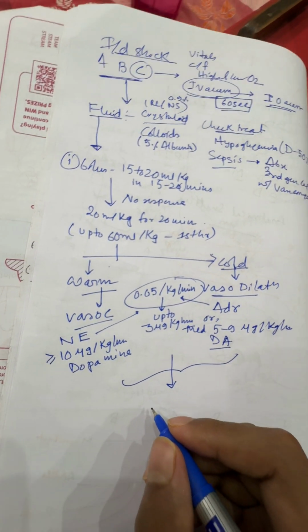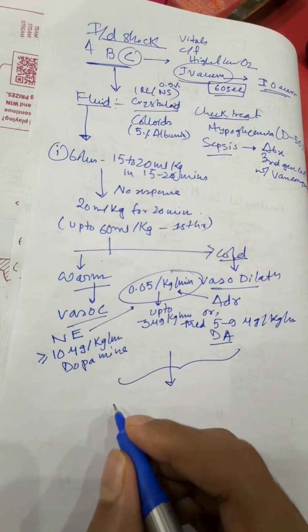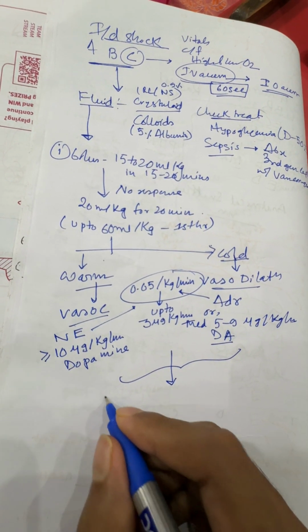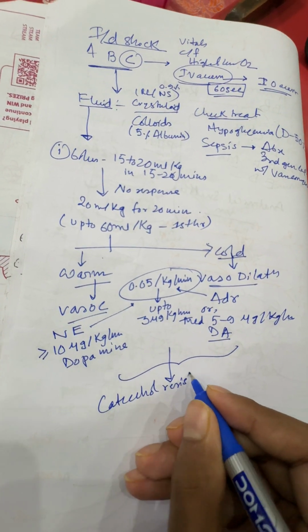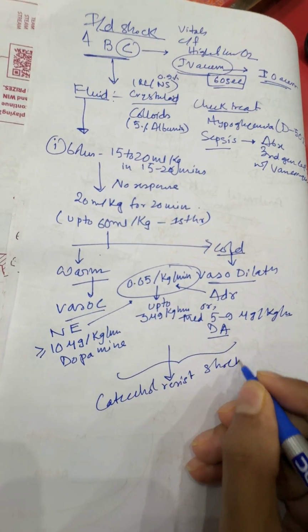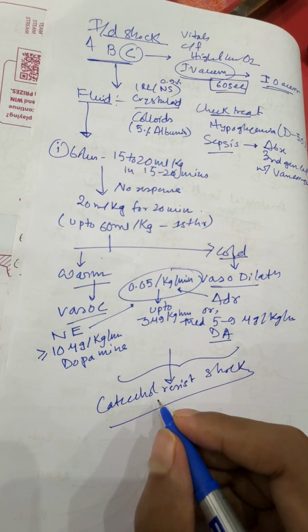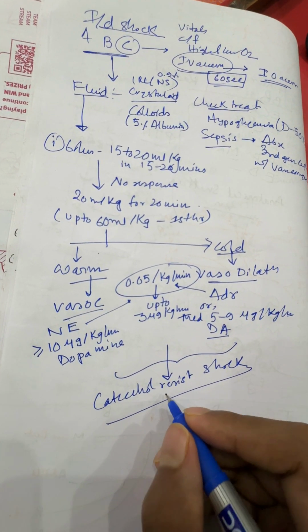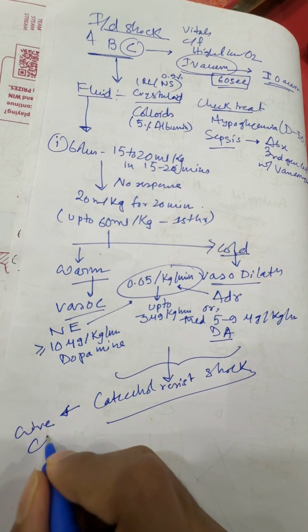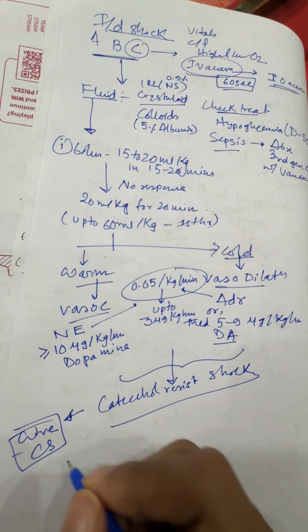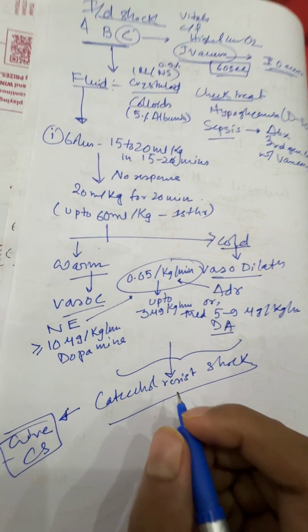After this, we can classify it as a catecholamine resistant shock. Basically we are suspecting something like an Addisonian crisis, right? So for that treatment we have to give corticosteroid, because there might be adrenal insufficiency which is leading to the shock.